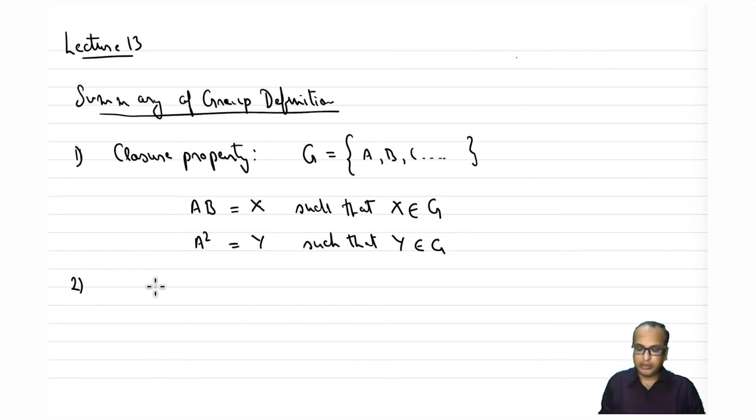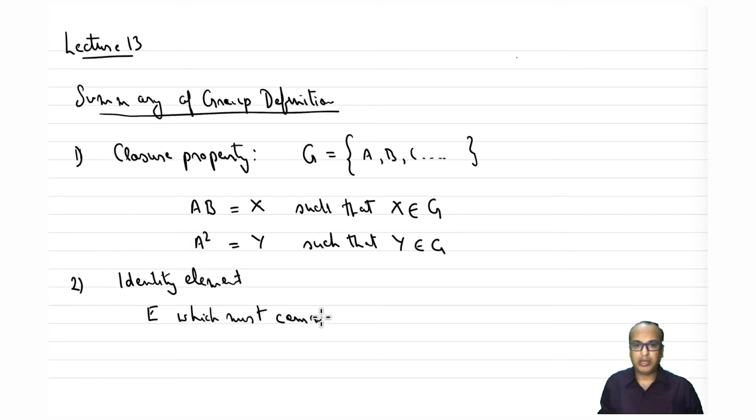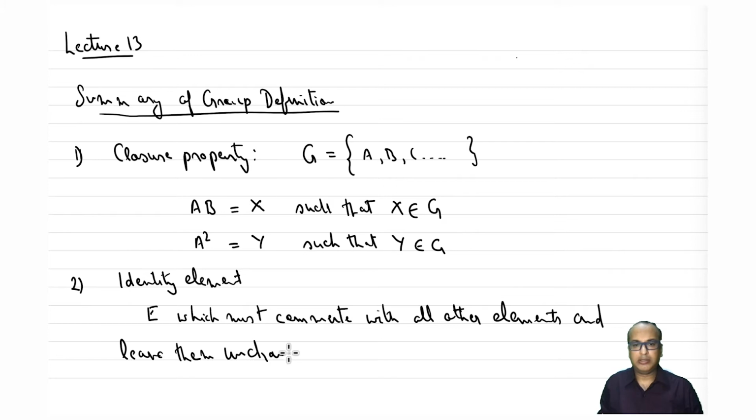The next property is the identity element. So the group must have an element E which must commute with all other elements and leave them unchanged upon combination.